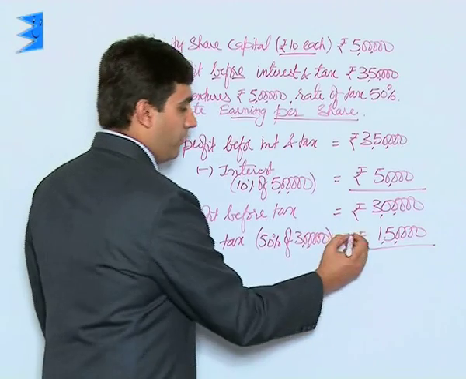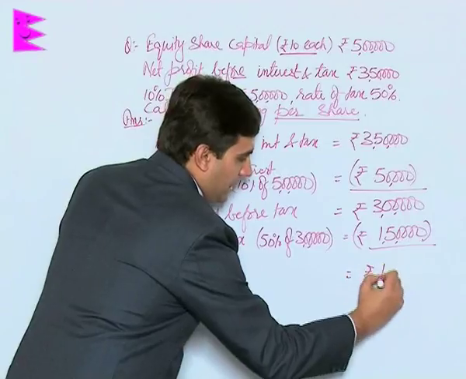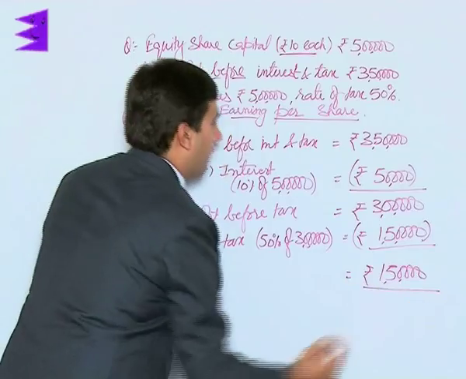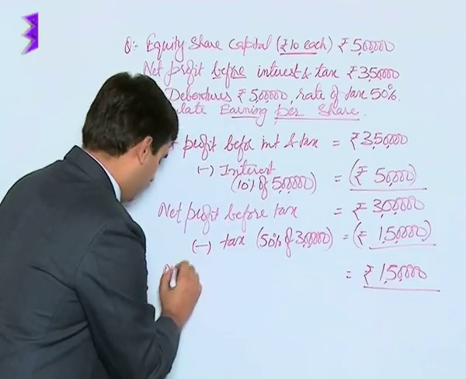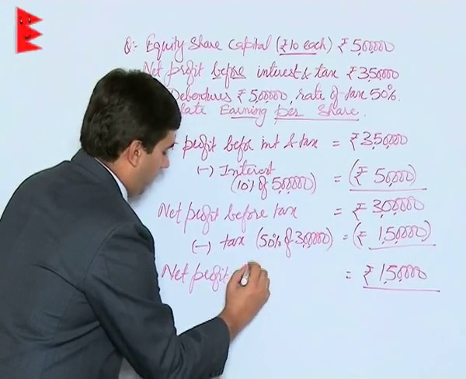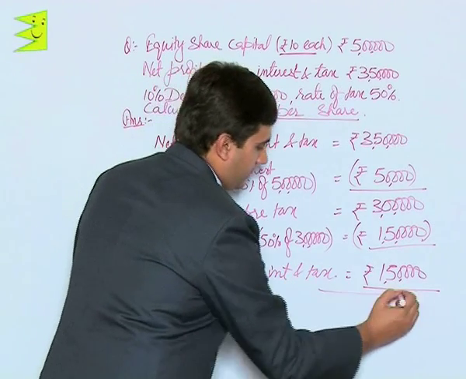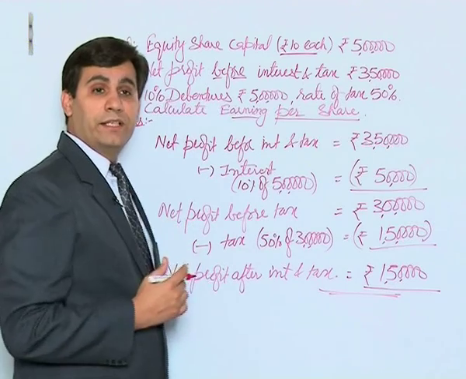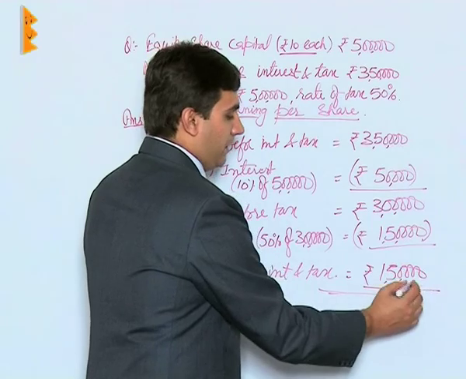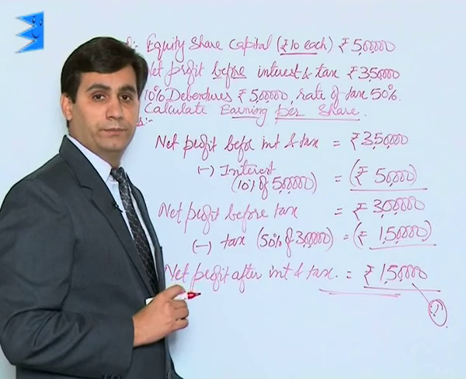So students, when we deduct this value, the answer would be rupees 1,50,000, and this is net profit after interest and tax. So here we have calculated the numerator part, that is net profit after interest and tax is 1,50,000. I will put it as equation number 1 or figure number 1.